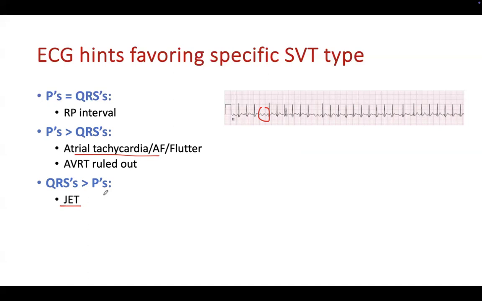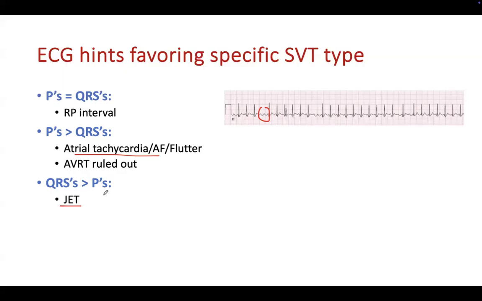If the P waves are not clear, then no. If you are certain there are more QRSs than Ps, for example when you do an atrial ECG and you know where the P waves are, and the QRS is narrow or the usual complex for the patient, exactly like the sinus QRS, then by definition this is JET.